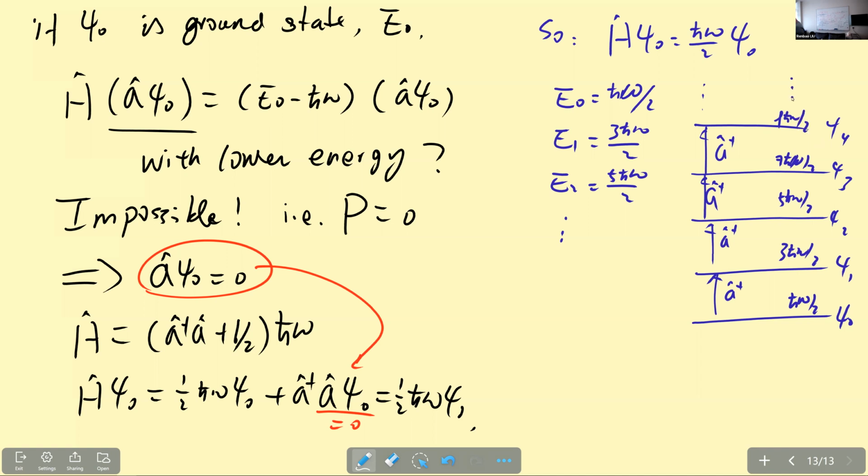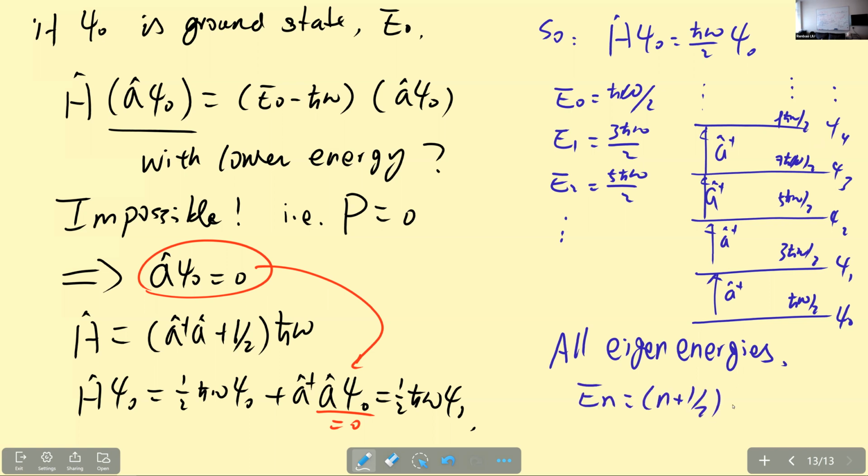And so on and so forth. So we found all eigenenergies. E_m equals (m plus one half) times ħω.